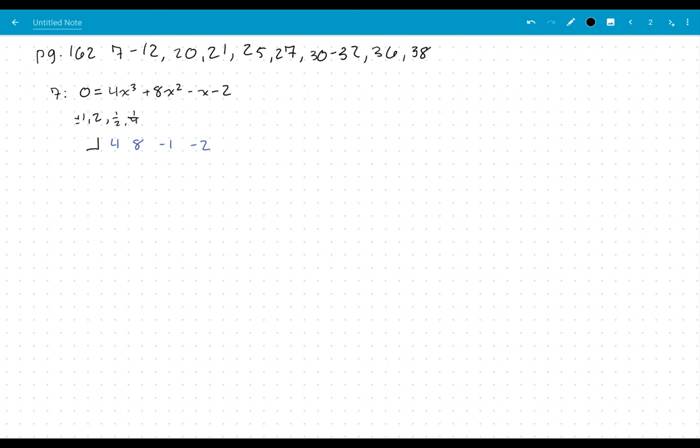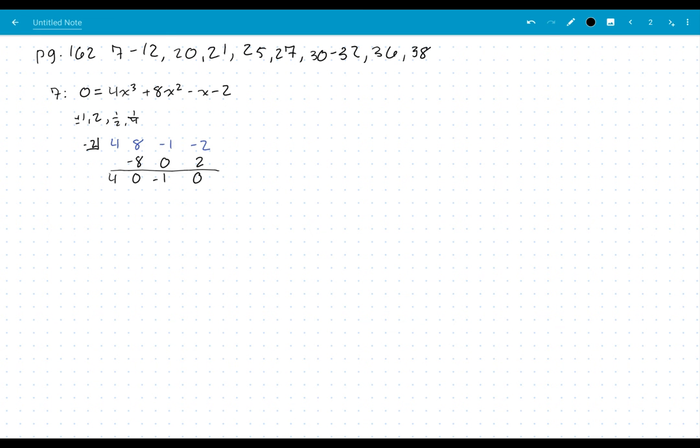So if we multiply by -2, then we have 4, and 4 times -2 is -8. That gives us 0, and then 0. Then we have -1, and -1 times -2 is 2, and we have 0.